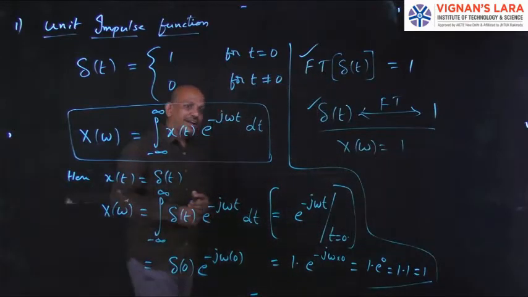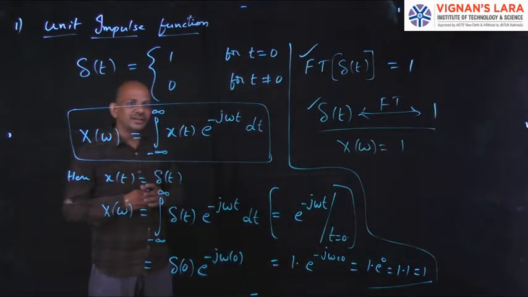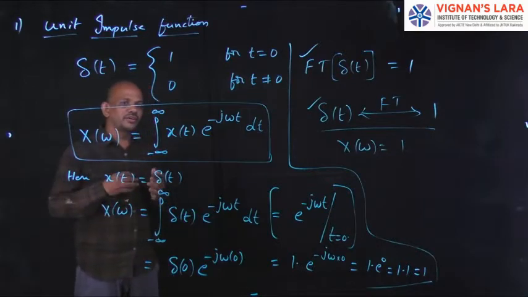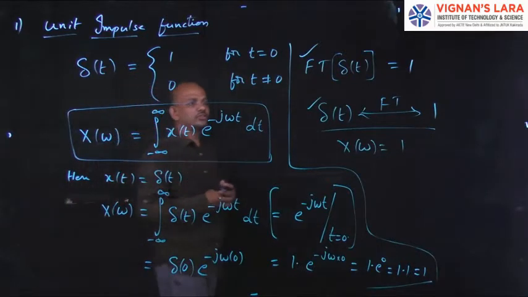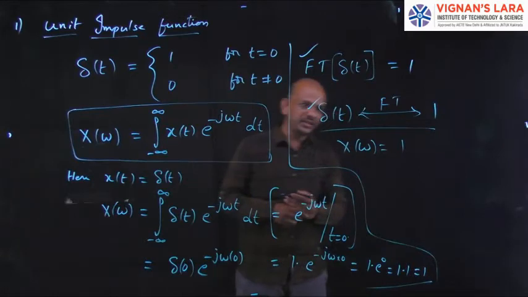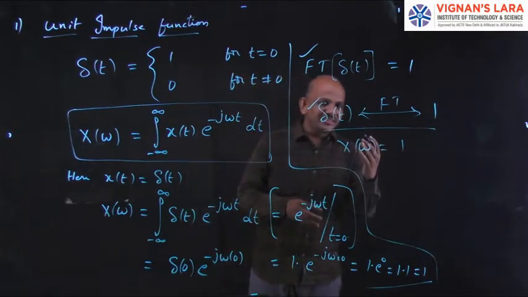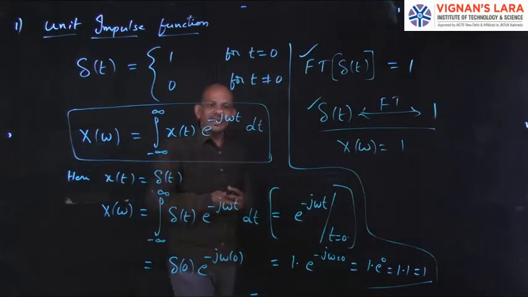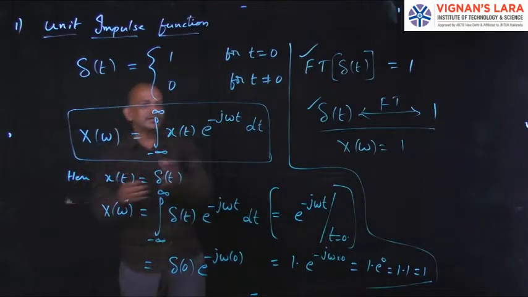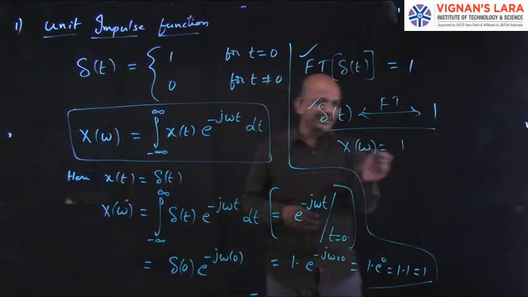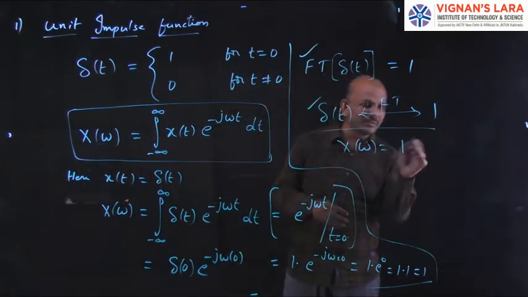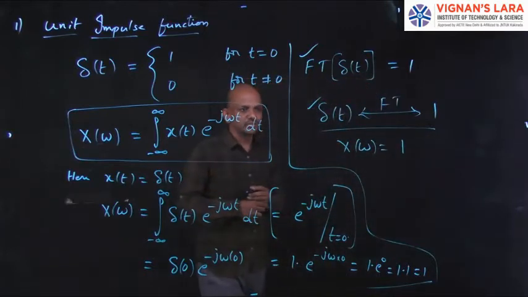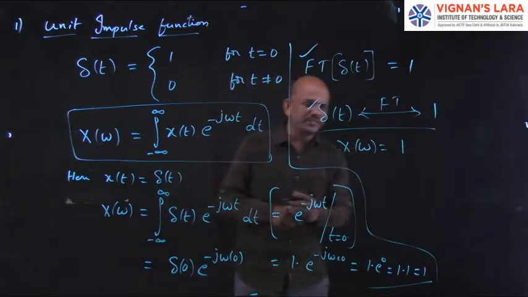For this I can draw the magnitude spectrum and phase spectrum. So how can we draw the magnitude spectrum and phase spectrum for this one? Simply, a complex function has both a real part and imaginary part. Here we have only real part. That means imaginary is 0. So for this x of omega, first I need a magnitude.